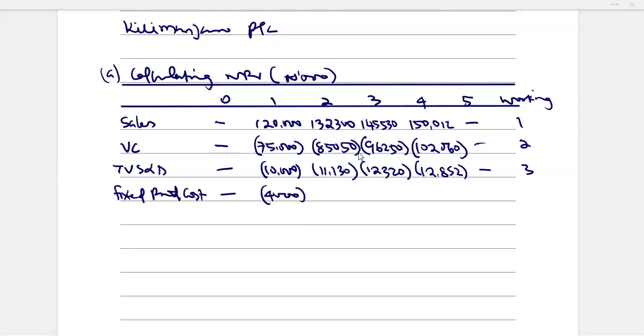Therefore, 1.08 multiplied by 4,000 equals 4,320. 4,320 multiplied by 1.08 equals 4,666. What you have in your calculator multiplied by 1.08 equals 5,039.